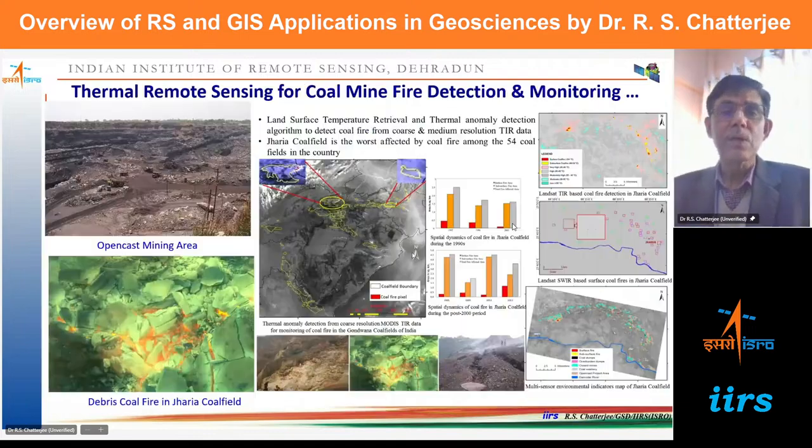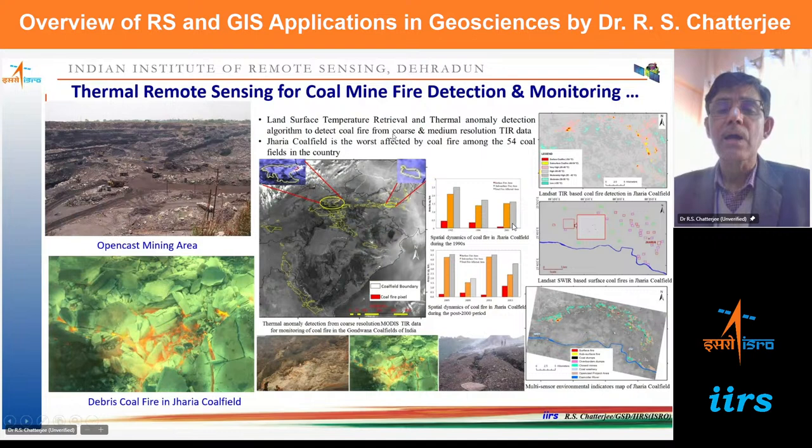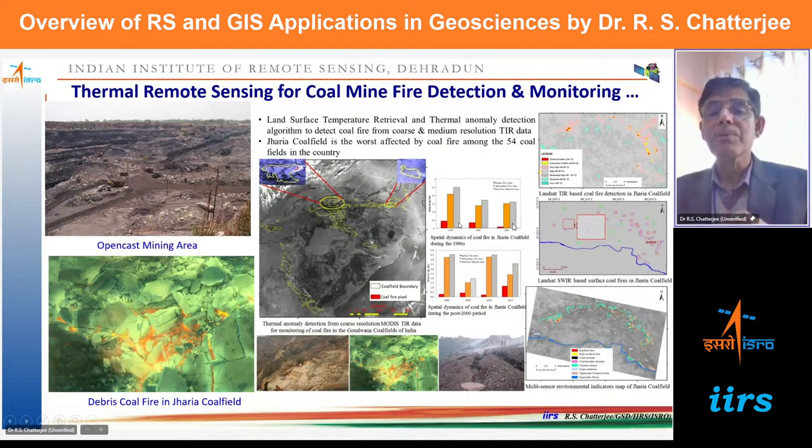Now you see, thermal remote sensing for coal mine fire detection and monitoring. In this case, land surface temperature is very, very important. So we need to have a precise land surface temperature. After we have this land surface temperature, we need to identify the individual pixels, whether the pixel is anomalous or not, whether the pixel is higher temperature than the background.